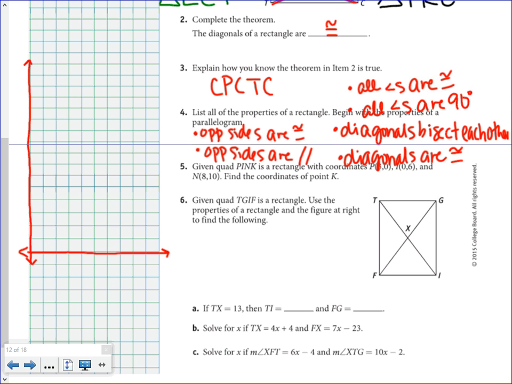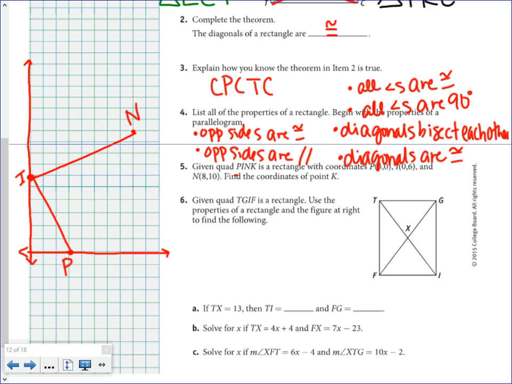So if you start by graphing P at 3, 0, I at 0, 6, and then N at 8, 10. This is part of our rectangle.